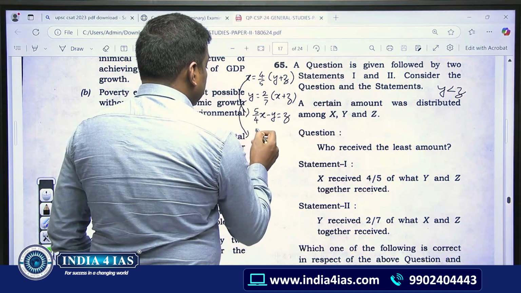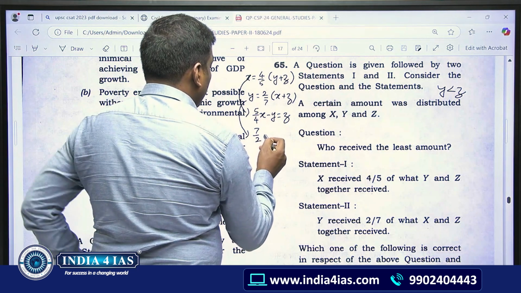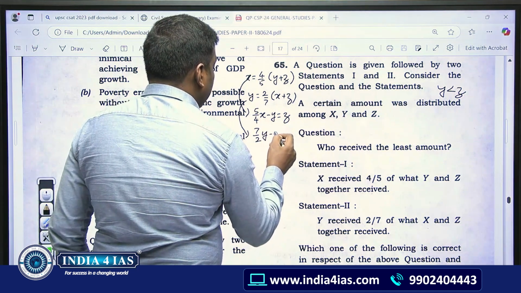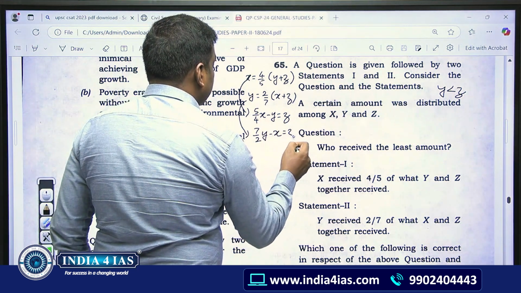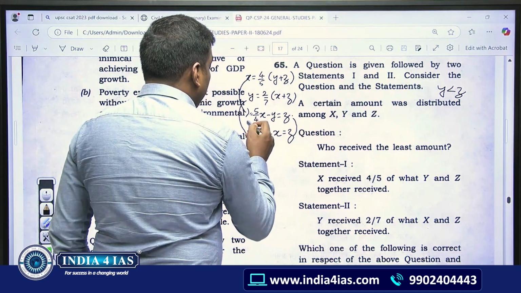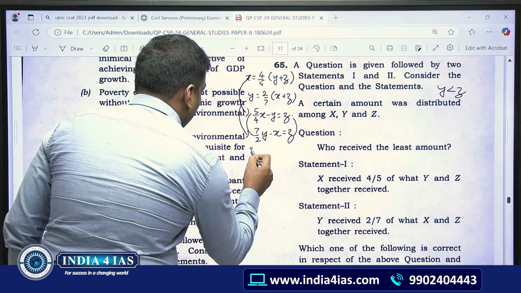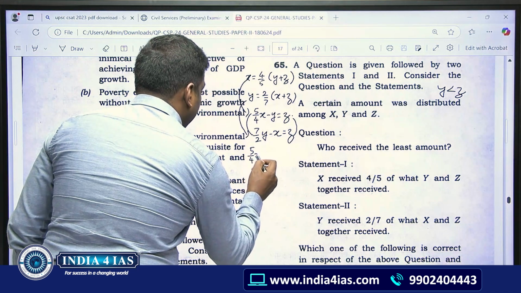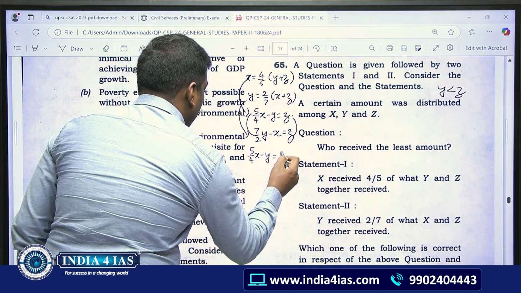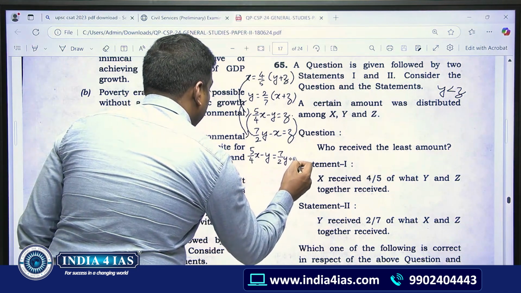In this case 7 by 2 y minus x is equal to z. Now z and z are equal, so you can compare these two terms. So let me express these two: 5 by 4x minus y is equal to 7 by 2y minus x.